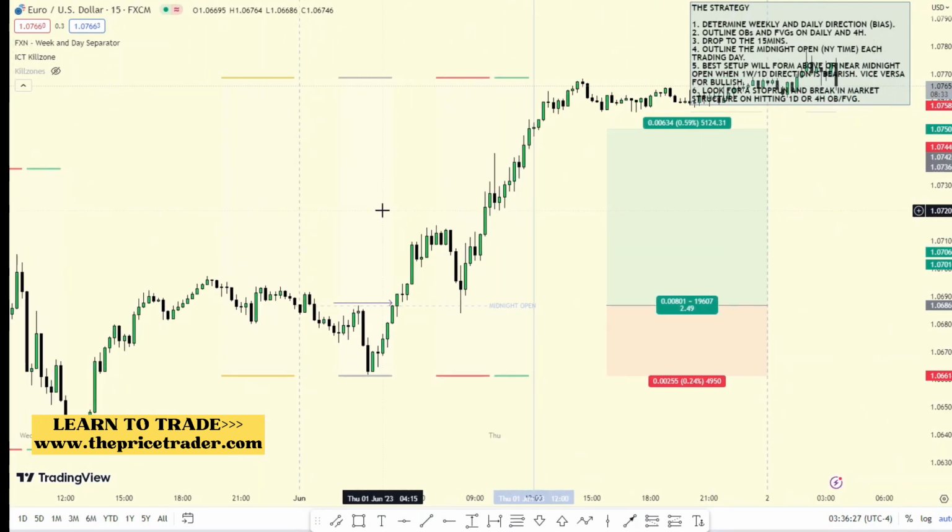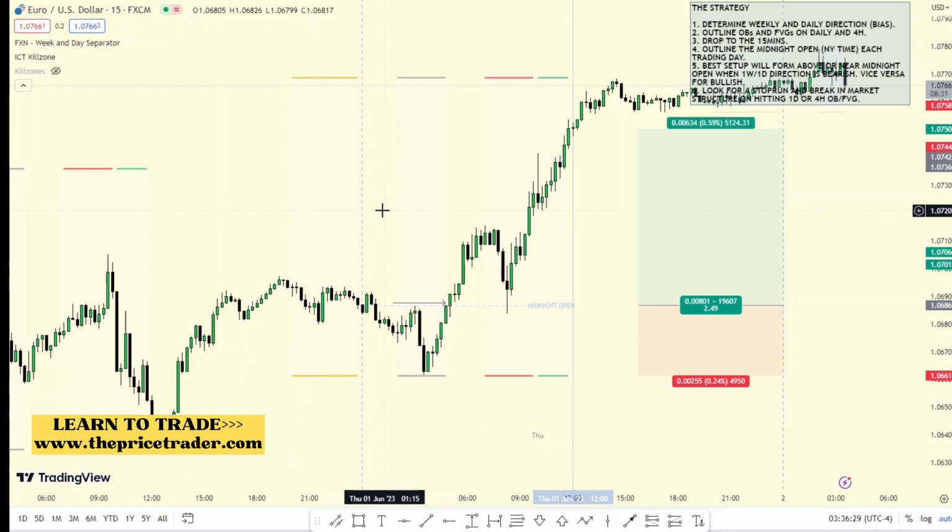You want to outline that midnight open. The market went initially lower, below midnight open, to seek some form of discount.